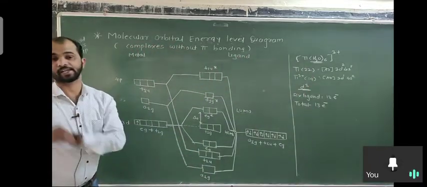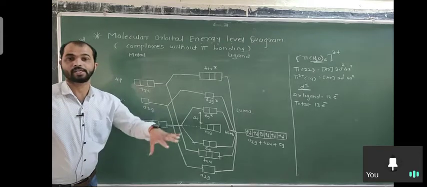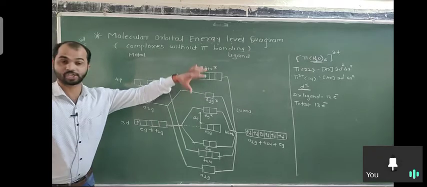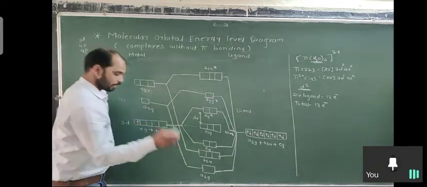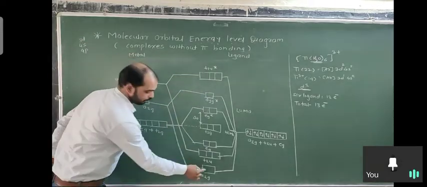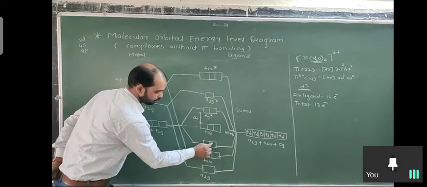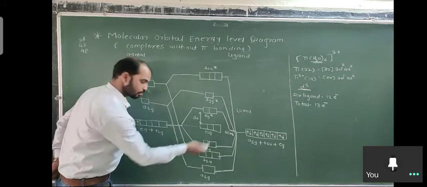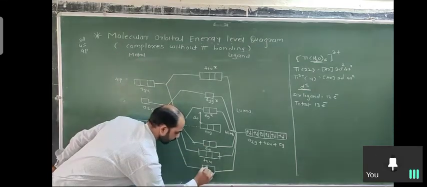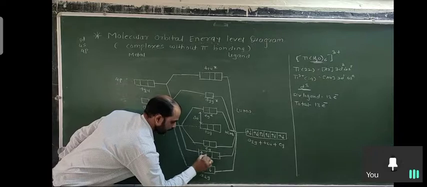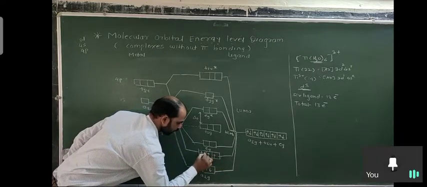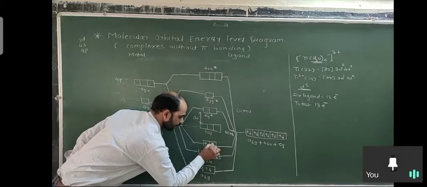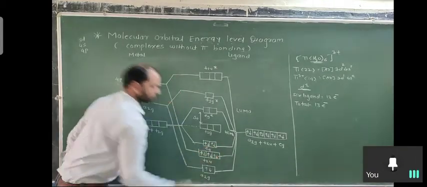Total 13 electrons, and we fill the 13 electrons in the molecular orbital energy level diagram. Here, how many bonding molecular orbitals? 1, 2, 3, 4, 5, 6. Six bonding molecular orbitals require 12 electrons, so you fill 12 electrons here: 1, 2, 3, 4, 5, 6, 7, 8, 9, 10, 11, 12.